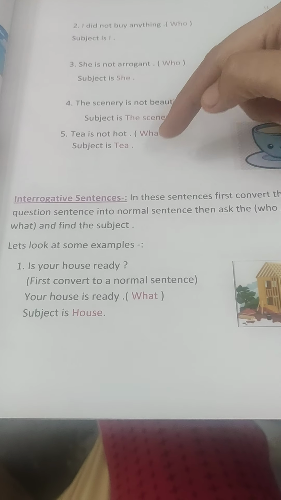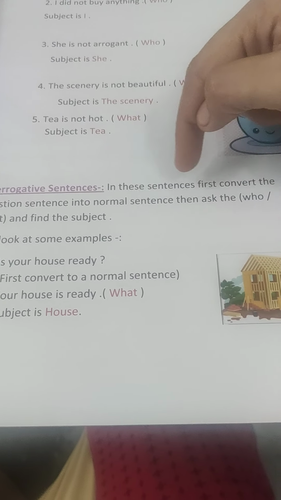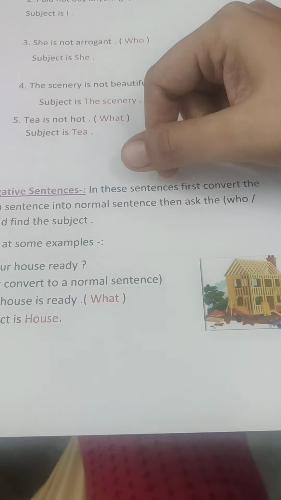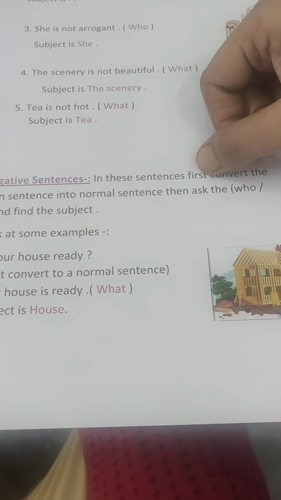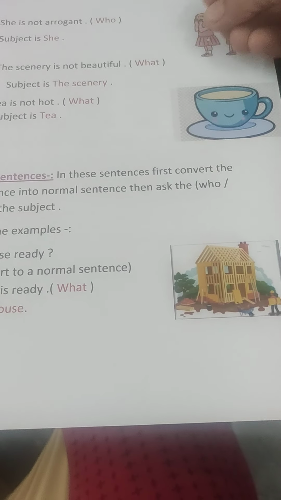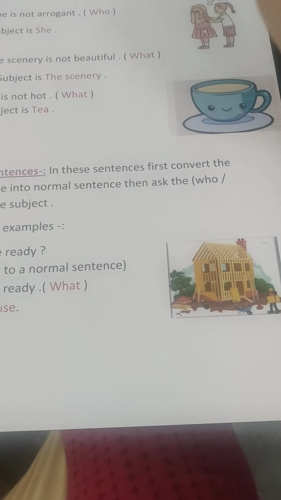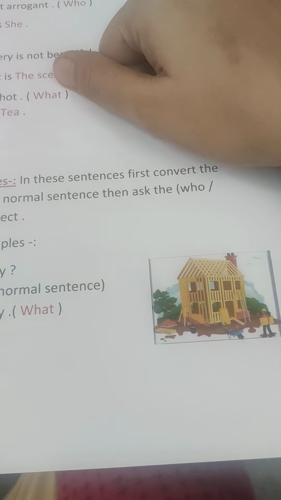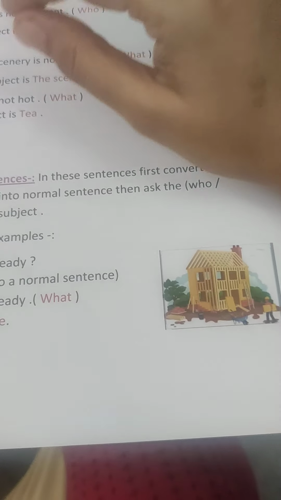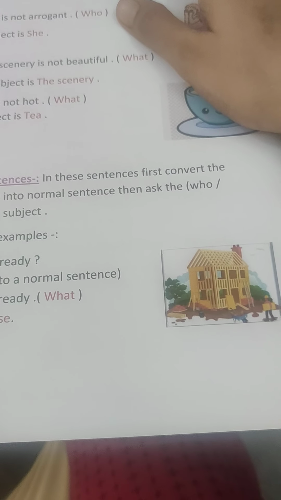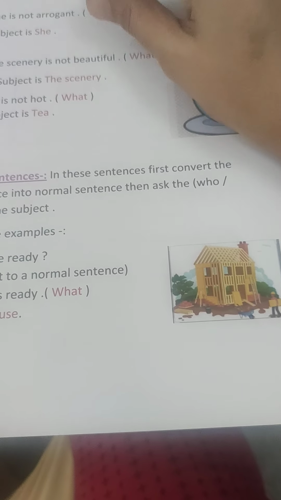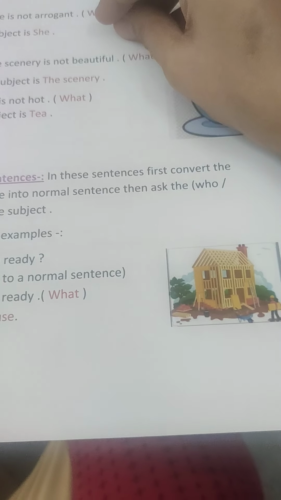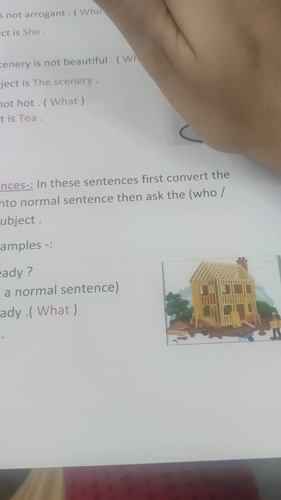Now, look at here. In interrogative sentences, first convert the question sentence into a normal sentence. Now, how will you convert that? Simple. A question sentence, you know very well that it always starts with the question word or the helping verb, right?